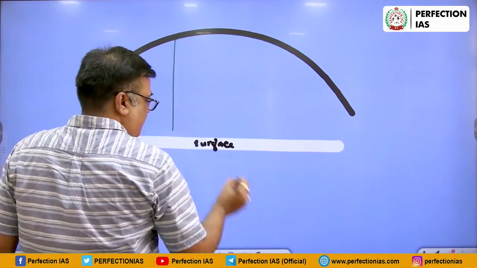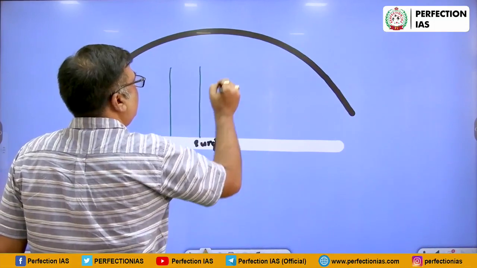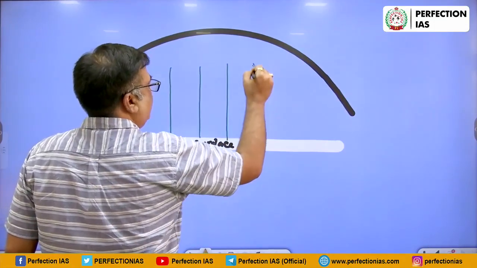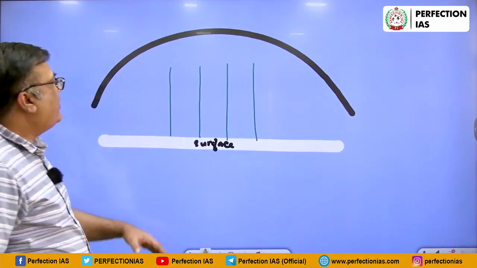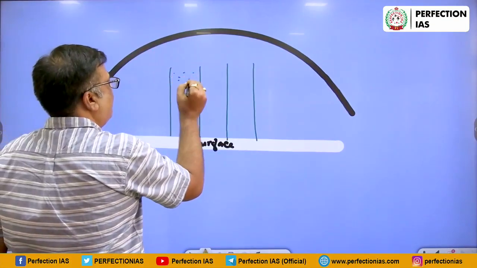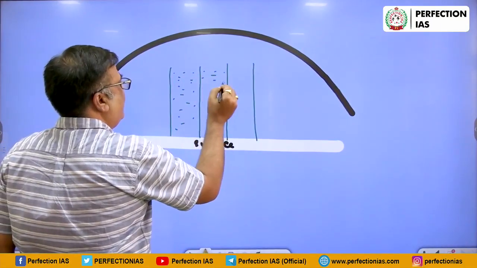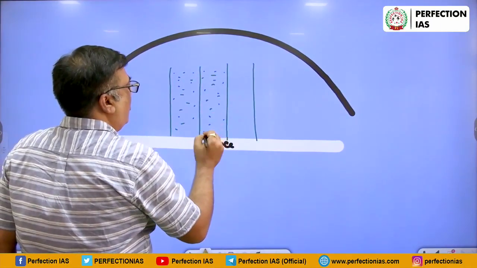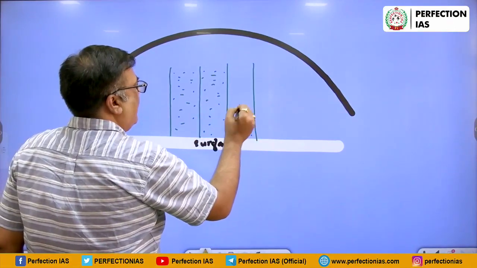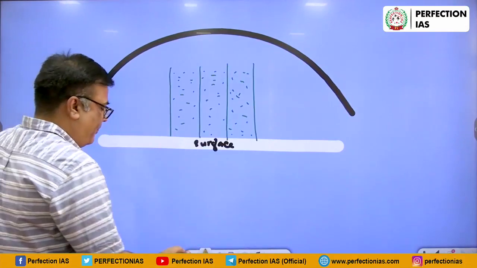Column number 1, 2 and 3. So you can say that each column is filled with air, and if the conditions are very ideal, then in all the columns the amount of air filled should be the same.